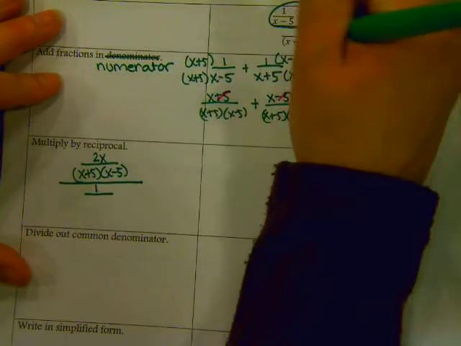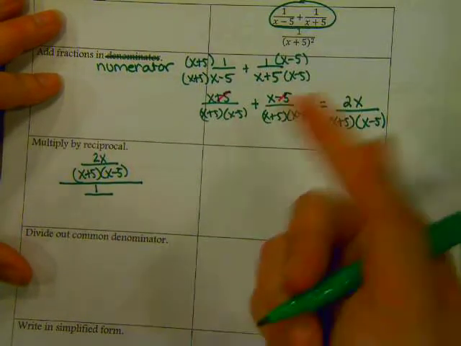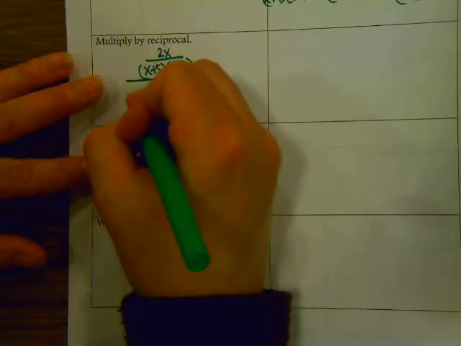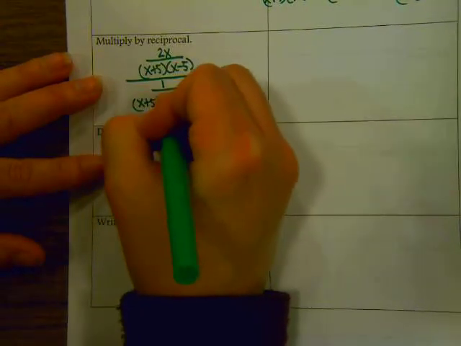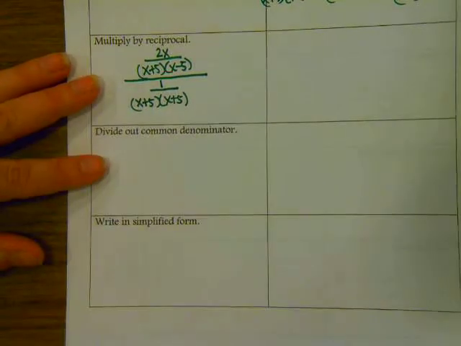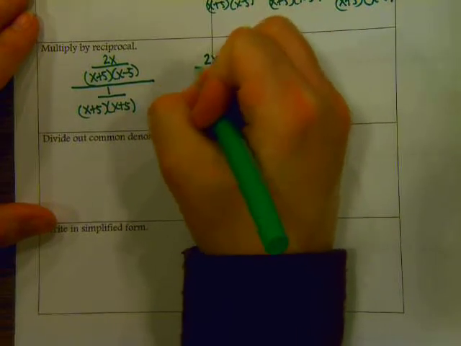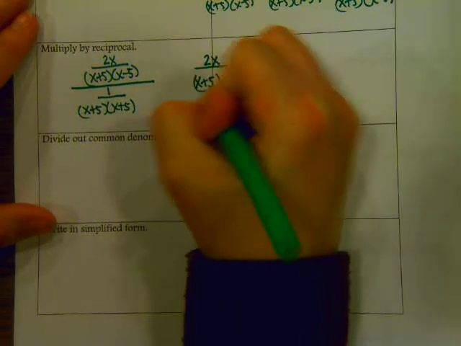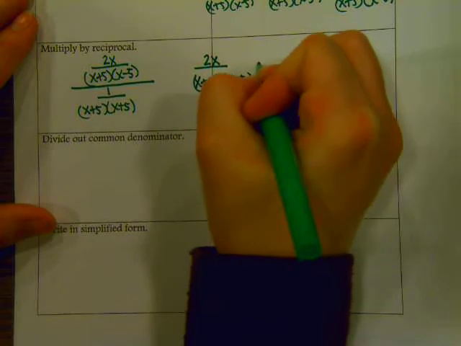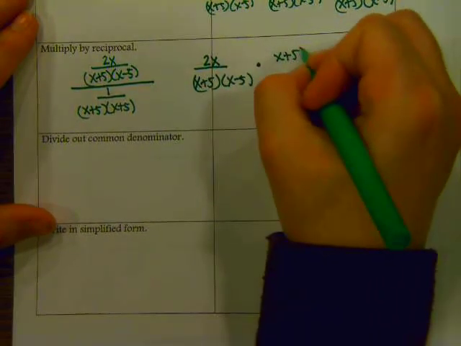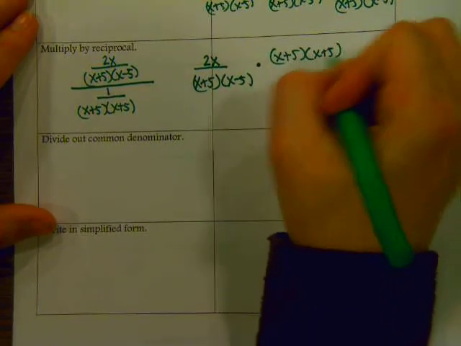Instead, let's write it twice, because if you square something, you multiply it by itself. So we're going to write it as x plus 5 and x plus 5. So now we're going to just multiply by the reciprocal, so times x plus 5, x plus 5 over 1.